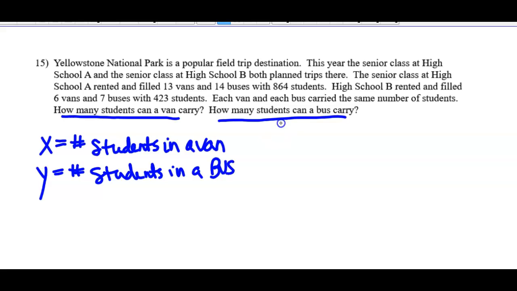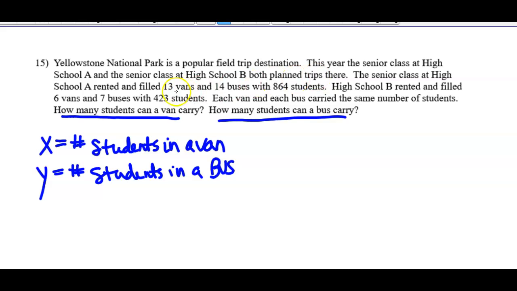Now, if you're like me, you read this and it said each van and each bus carried the same number of students. They're not saying the vans and the buses are the same size. They're saying every van had the same number and every bus had a different same number, but they were the same in each bus. So that was confusing to me.